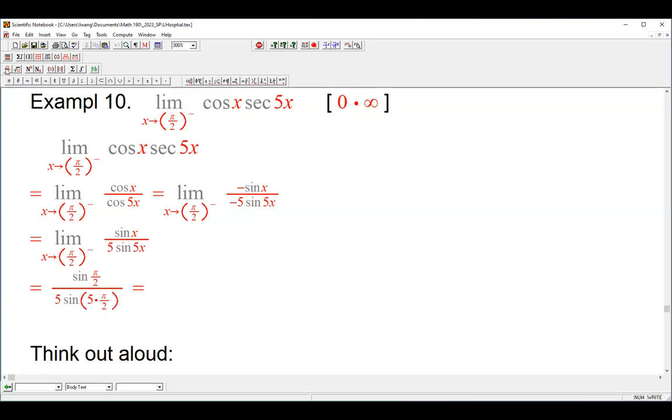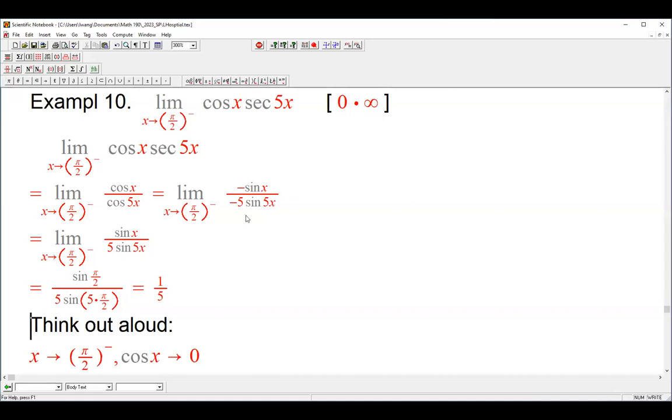So in the end, the answer is 1/5. Okay, so it takes some manipulation of these trig functions. Now let's look at example number 11.